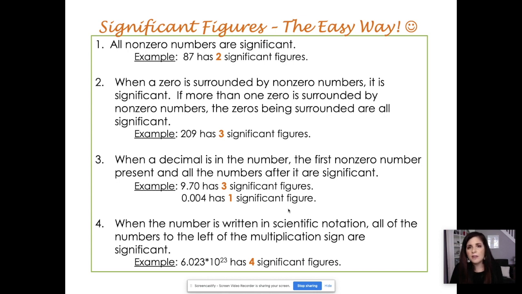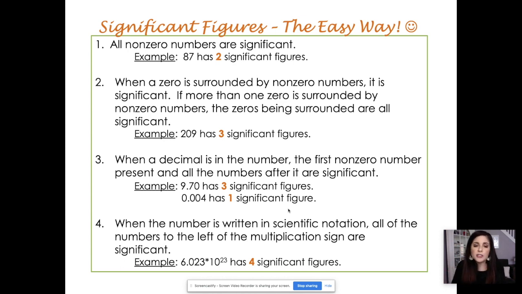And if you're not comfortable yourself with numbers in scientific notation, I am going to post a video that shows how to convert between scientific notation and regular notation. So I'll link it down below so you can access that, but definitely check that out if you need some help with scientific notation and what that means, because I don't go over that in class at all, but it's a nice little crash course in scientific notation.